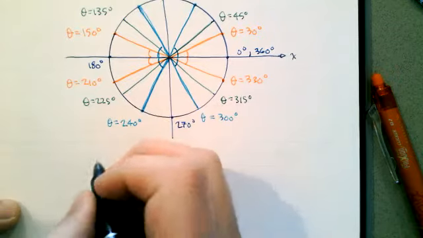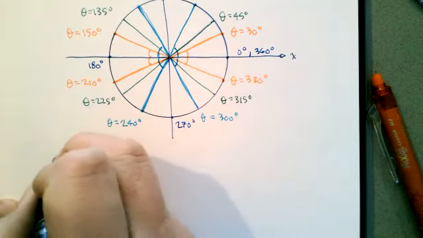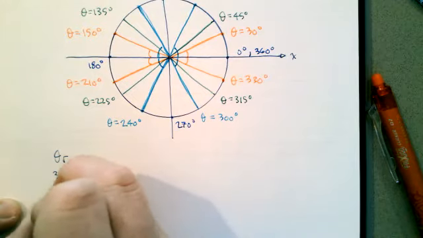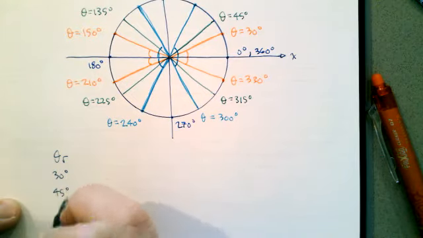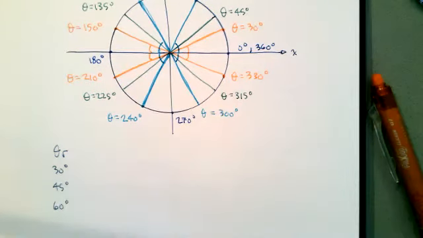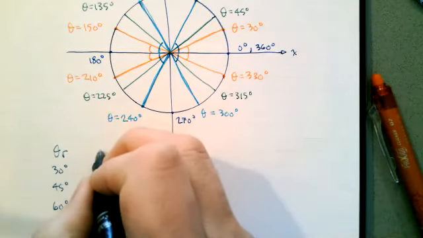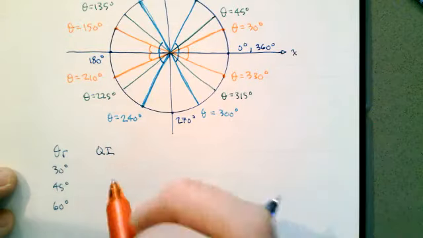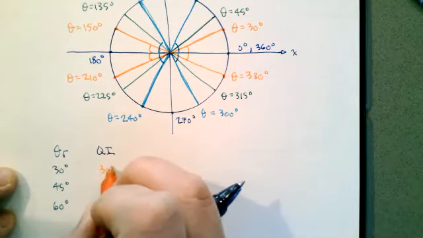So if we think about it, the other way might be to make a table, say our reference angle of 30 degrees, 45 degrees, and 60 degrees. And each of these reference angles has representation in the 4 quadrants. So we have quadrant 1. Our 30-degree reference angle is just 30 degrees.